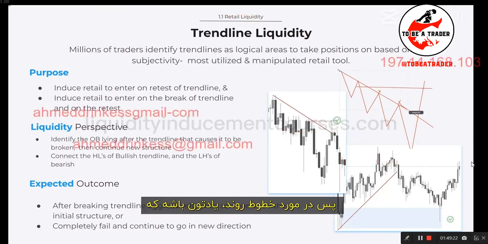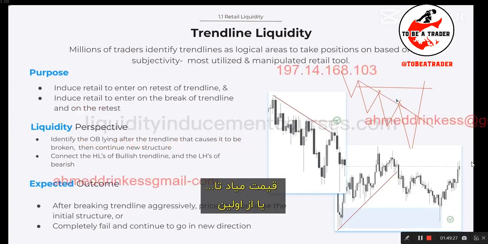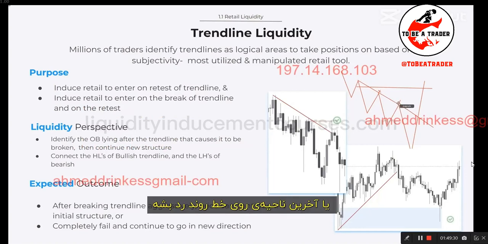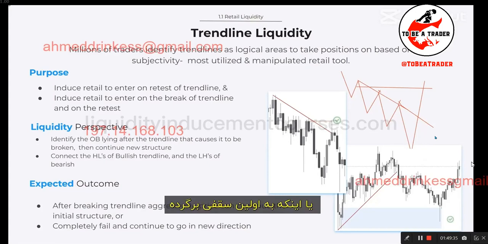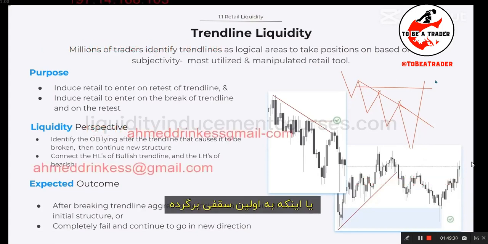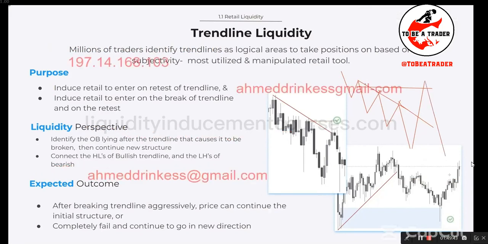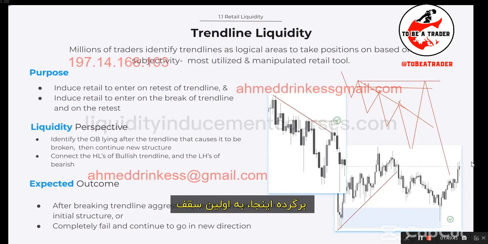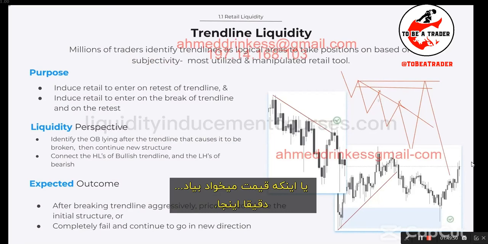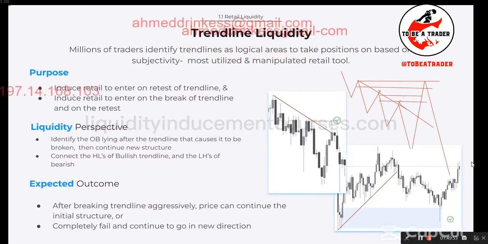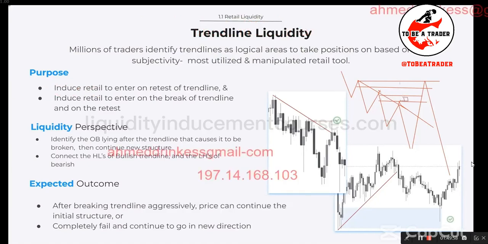So remember, for trend lines, price will either come to take out that first or last area on the trend line to then go lower, or, very important, it will come back to the first high that started the trend line. Come back in here to that first high. So either this is going to happen, or it's just going to come right here. In this example, this would be your decisional, and this would be your extreme.